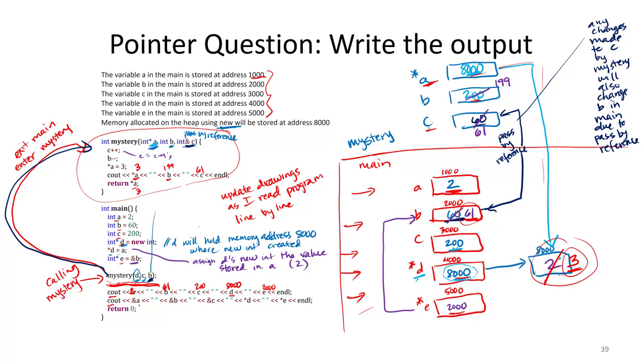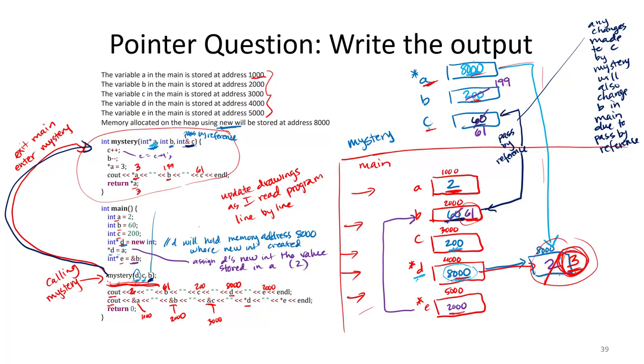Last line of cout statements, we have cout ampersand A. That's the memory address where A lives. That will give us 1000. Ampersand B, that's the memory address of B. That's 2000. Ampersand C is memory address of C, which is 3000. Asterisk D, remember, that is the value that D is pointing at.